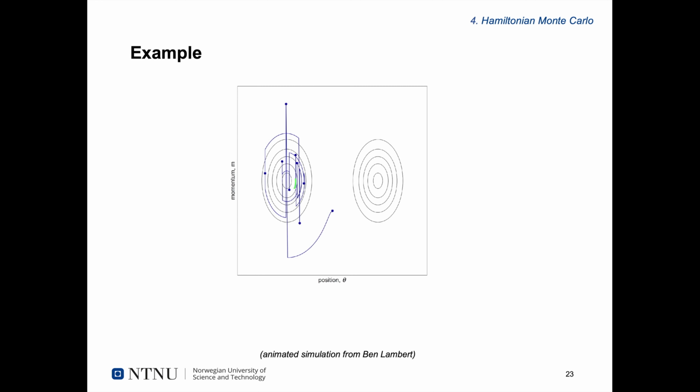If we were to run the iterations many times, which I will show you soon, we eventually obtain the samples in the joint space. If we throw the m samples away, we end up with the samples for theta, and the distribution of them converges to the desired posterior distribution.